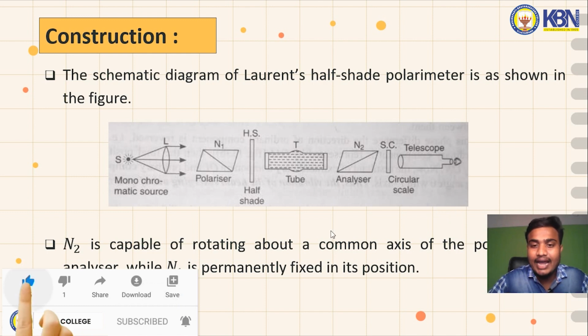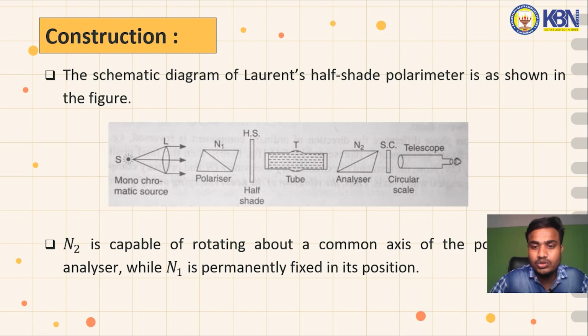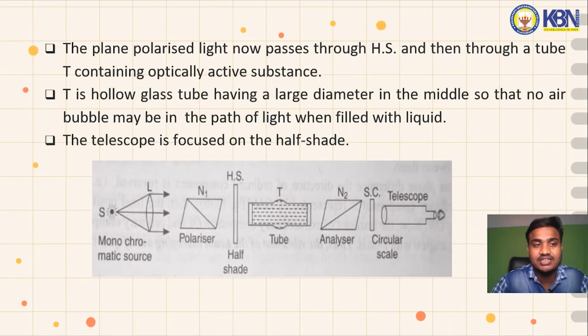Here N2 is capable of rotating about the common axis of N1. N1 is a fixed Nicol prism while N2 is a movable Nicol prism. Its movement can be measured by using a graduated circular scale.